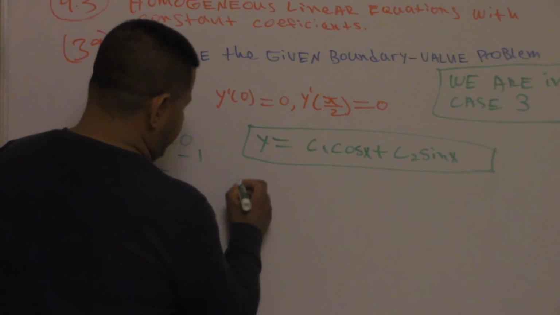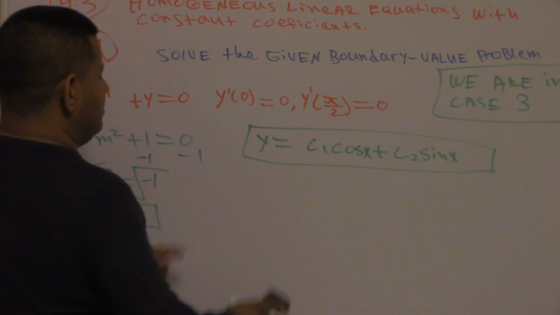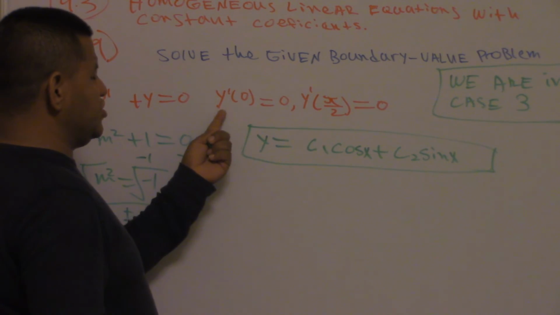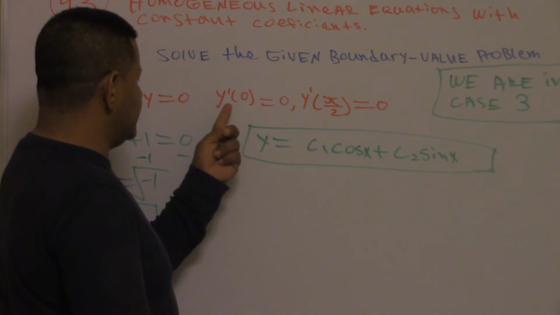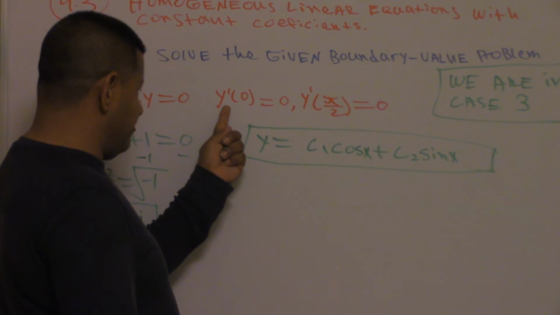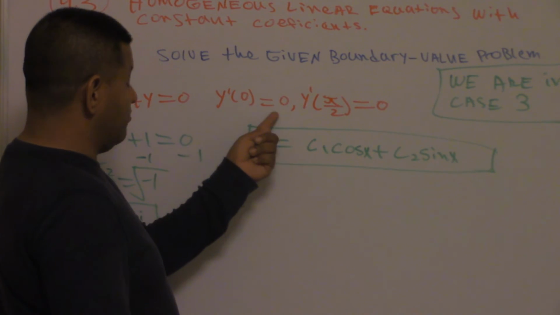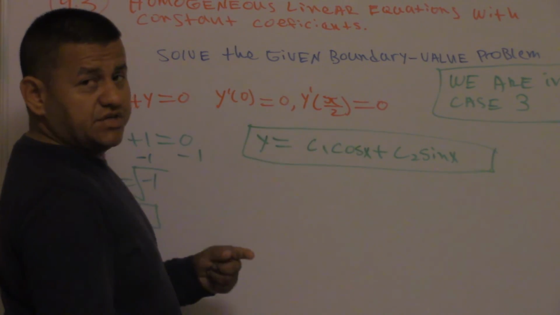Let me take the derivative. So y prime. Why am I taking the derivative? Because the initial conditions of these problems are given in derivative form. Notice that I have y prime of 0 is equal to 0, and y prime of pi over 2 is equal to 0.